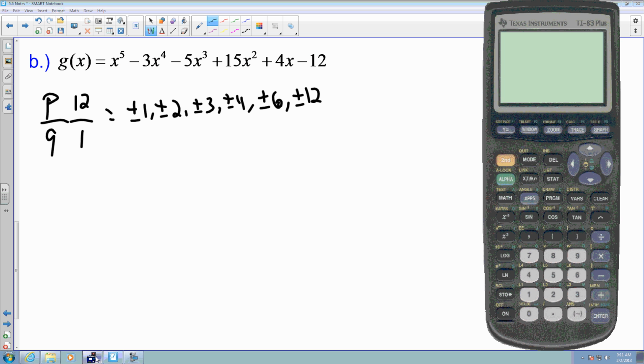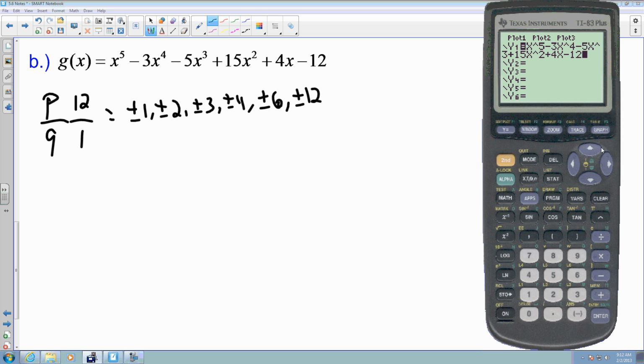So if I were to graph this function, I turn it on, let's clear this out and type in our function, so it'd be x to the fifth minus 3x to the fourth minus 5x to the third plus 15x squared plus 4x minus 12.